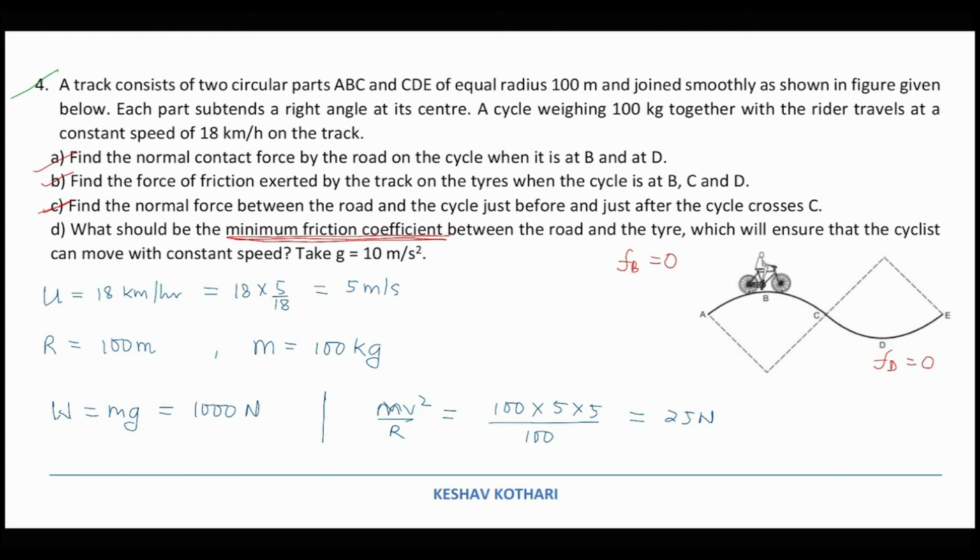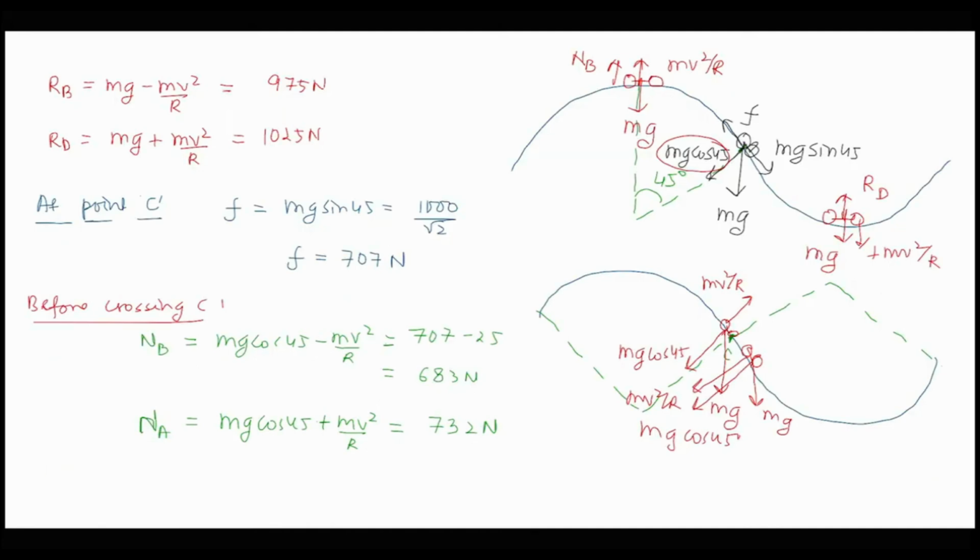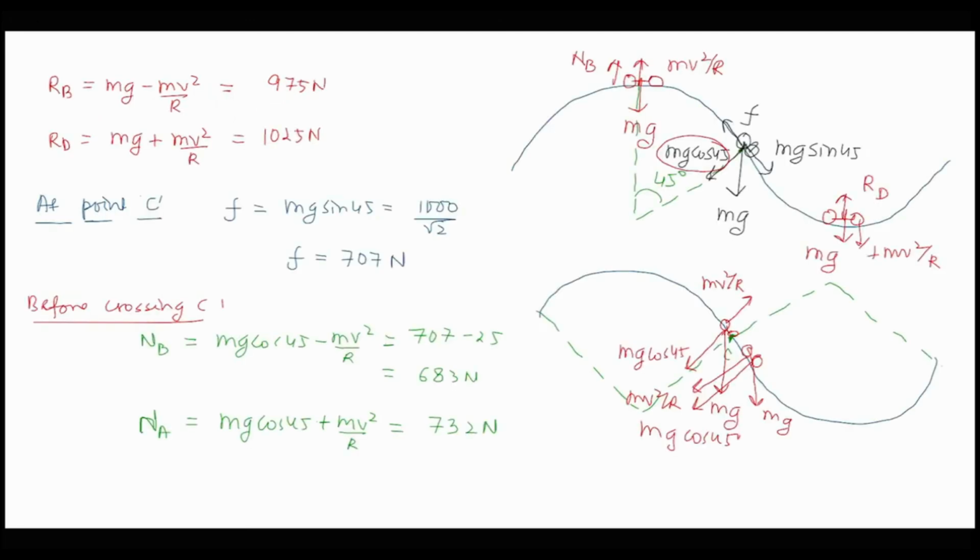So if we are solving at C, I have already made the component of weight, which is equal to mg sin theta in the tangential direction. So the value of mu N, that is the frictional force, must be equal to mg sin theta, which is equal to mg sin 45 degrees. The normal reaction force before crossing we already calculated as 683 Newton.